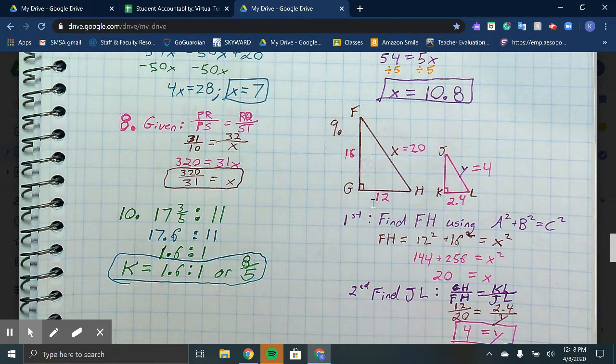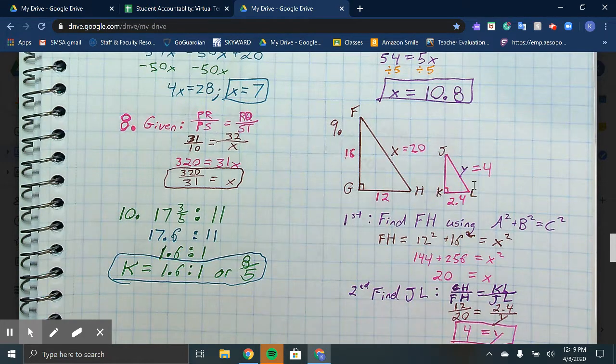The other triangle, JKL, we know is also a right triangle. And we know the shortest side, so our shortest leg was 2.4. So then they want us to answer how long the hypotenuse of JKL is. So the hypotenuse is the side JL.